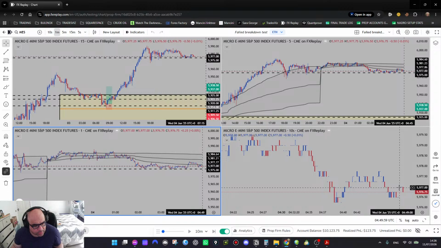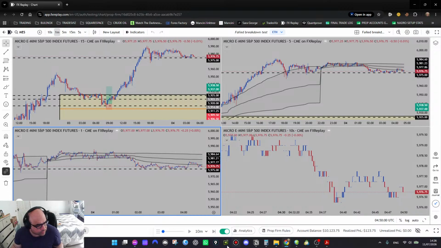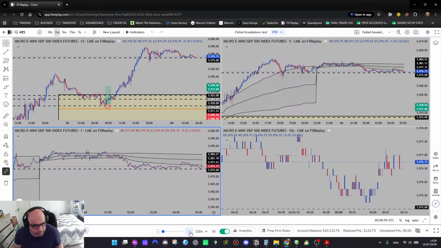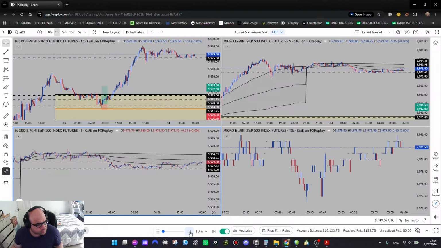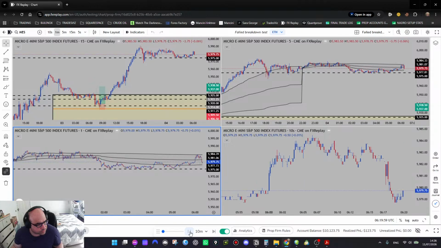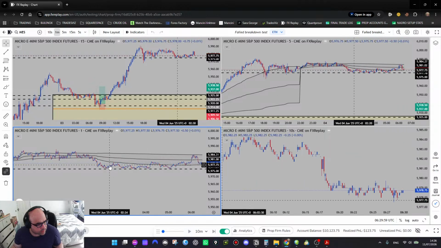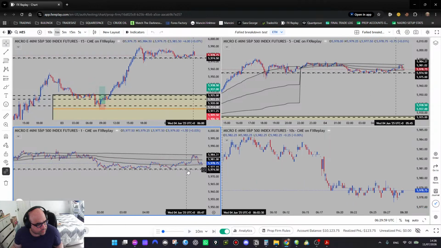Okay, we're getting close now. We're at Wednesday, almost 5 o'clock. Yeah, we see now here at this level how there's a big multi-hour shelf.